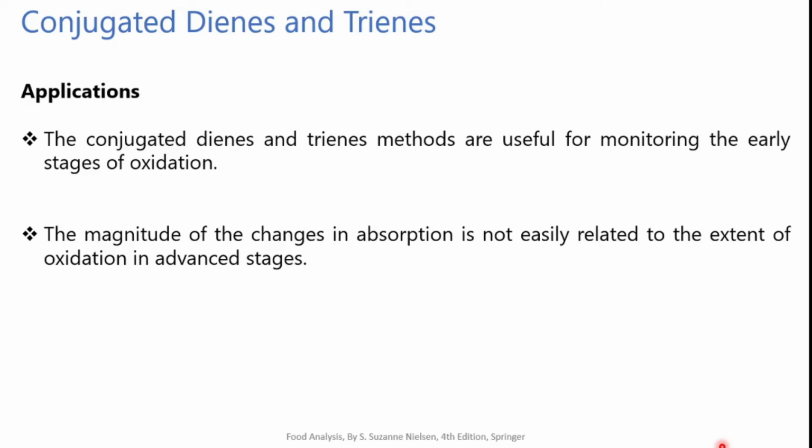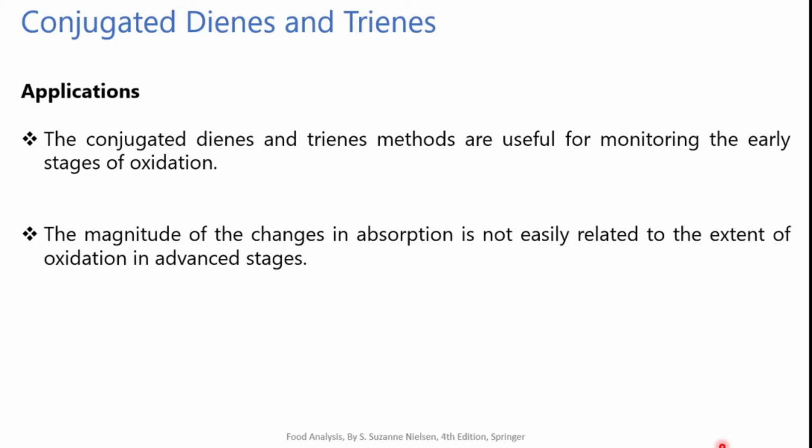Now, what are the applications? Conjugated dienes and trienes are useful for monitoring the early stages of oxidation. During the various stages of production of food products, for example oil, any oxidation can be determined by using this method.